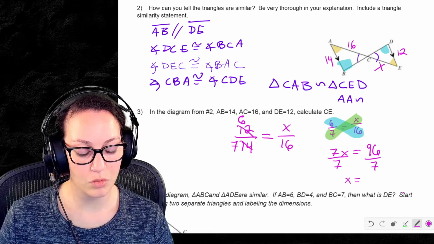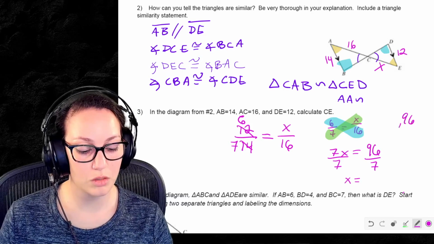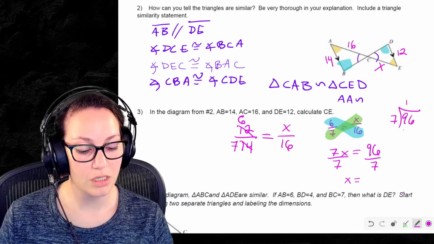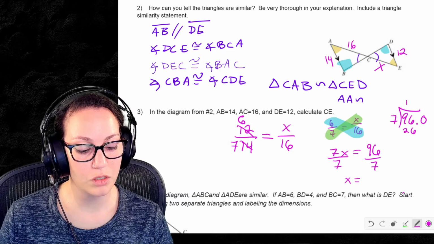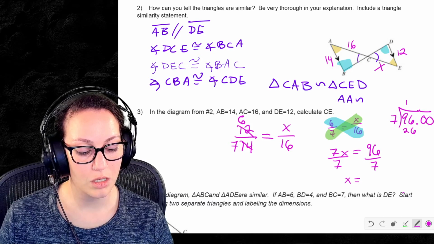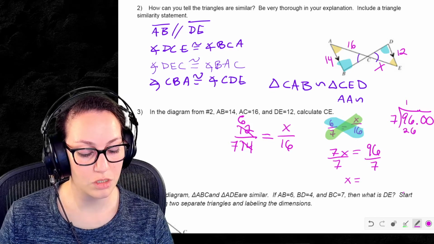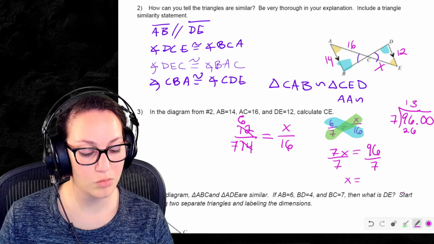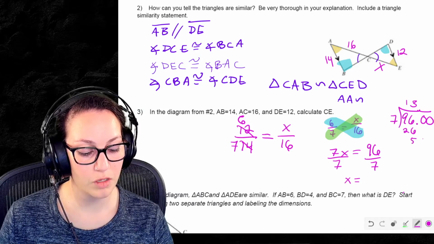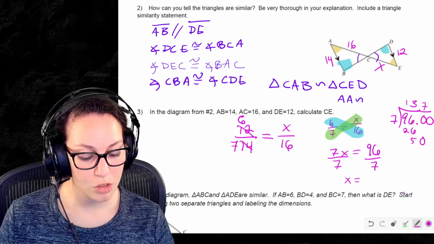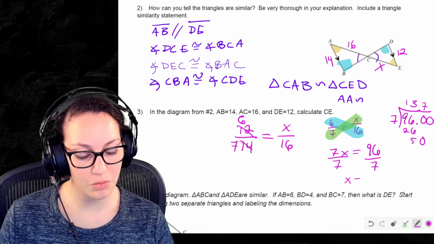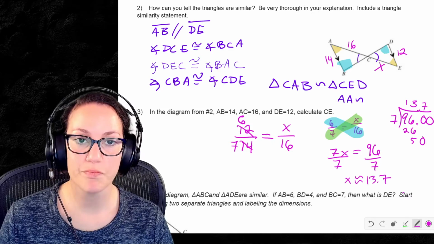So x equals, I'll do it out, 7 goes in 1 time with 2 left over, and 7 goes in 3 times with 5 left over and 7 times. So x is, I'm just going to leave it there. I'm going to be a little lazy. X is about equal to 13.7.